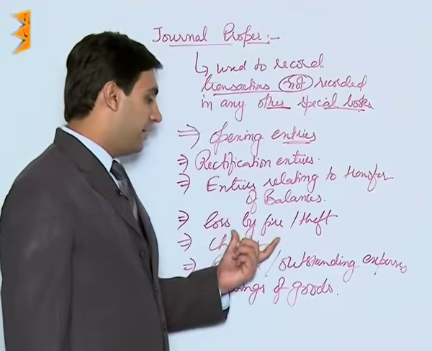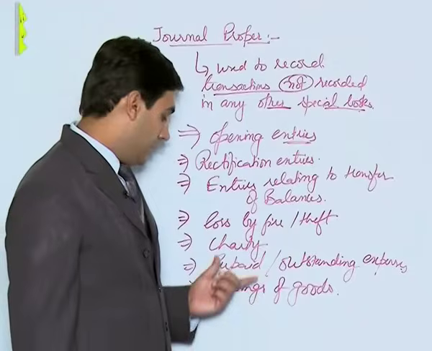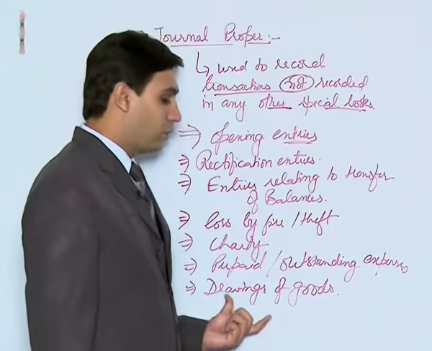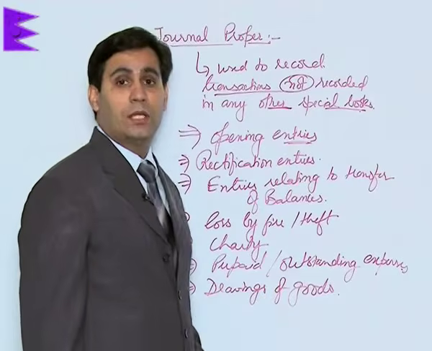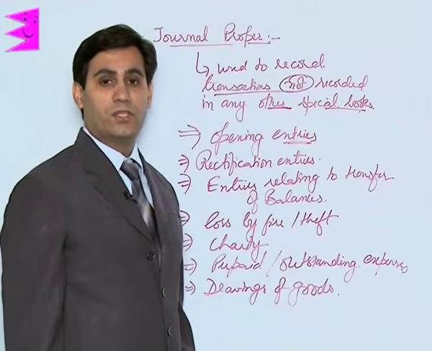Then entries relating to loss by fire, theft, entries relating to charity, then prepaid or outstanding expenses and drawings of goods. Mind it, there can be many more entries like these which are recorded in journal proper.